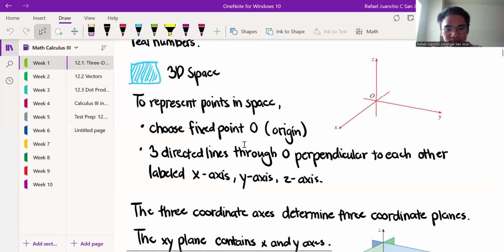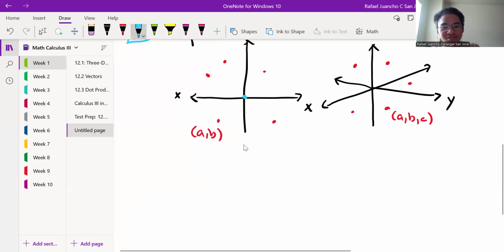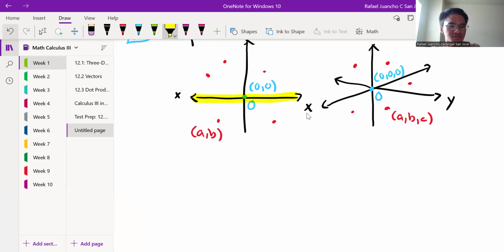And then we have to choose a fixed point, which is an origin, right? So here, this is our origin, or the ordered pair, the point 0, 0. Here we also have our origin. This is the point 0, 0, 0, right? Does this make sense? This is 0 in terms of x, and this is 0 in here.